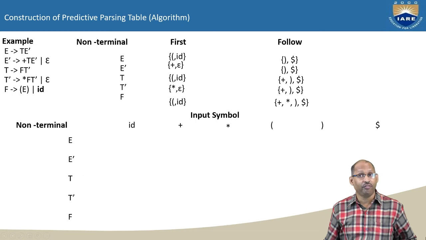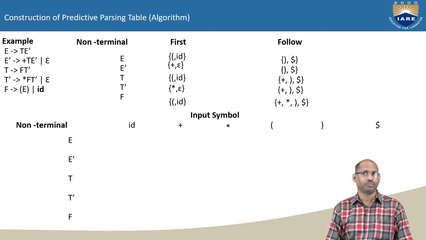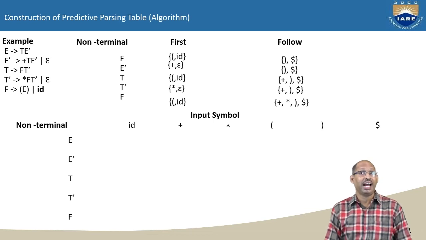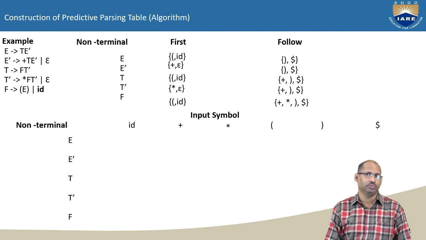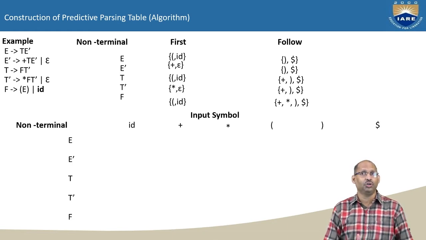Now, our step is to use the first of the variables and follow of the variables and construct the predictive parsing table. Then use the predictive parsing table and perform the predictive parsing method.